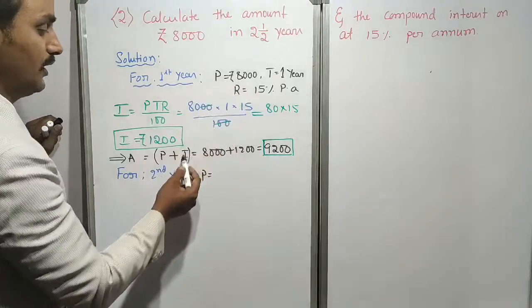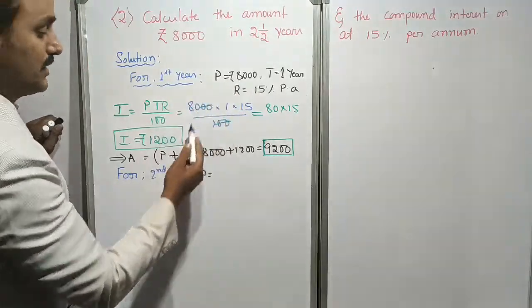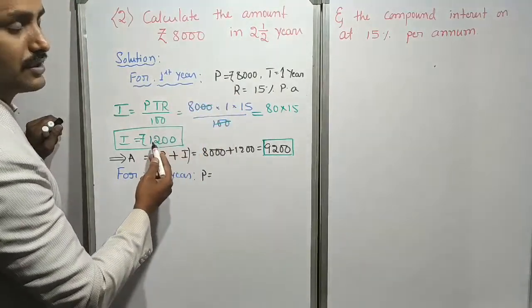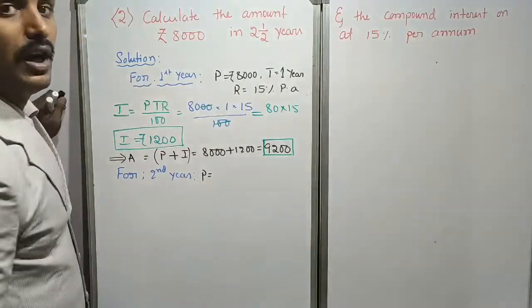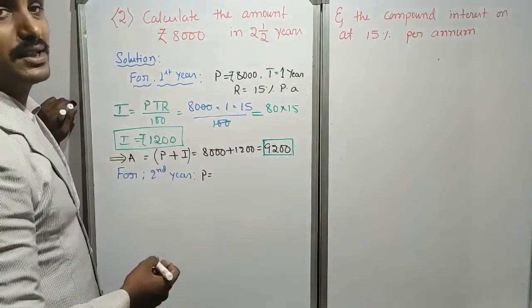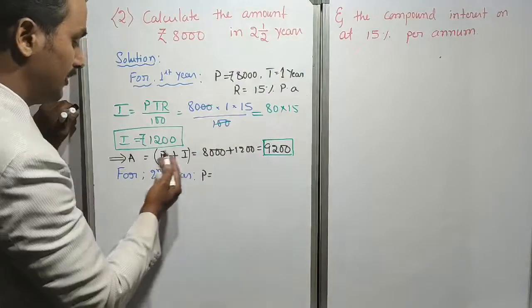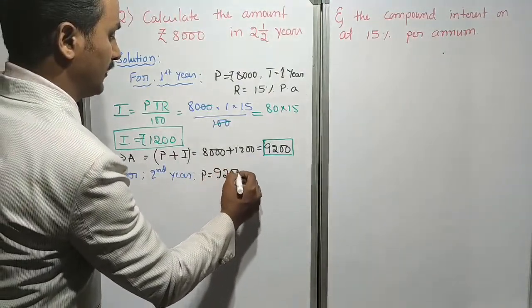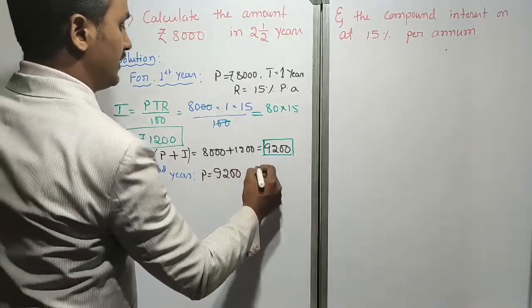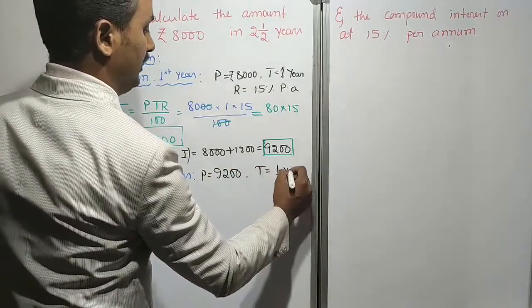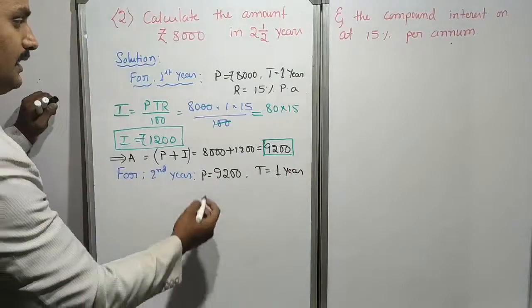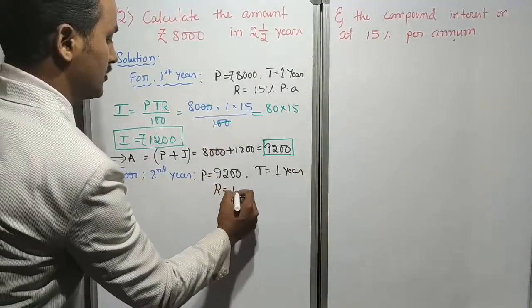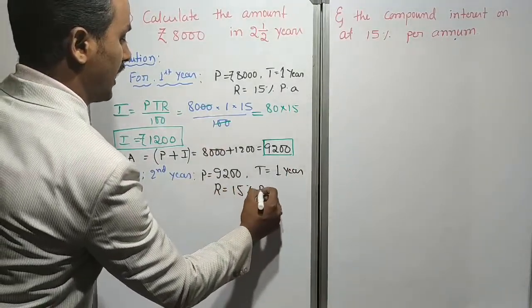That amount of the first year became the second year principal, that is 9,200. Then time is equal to 1 year. Here also for 1 year we are finding the interest. Rate of interest also same, 15% per annum.